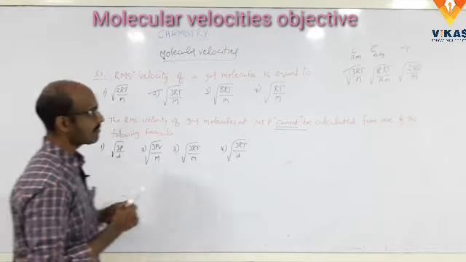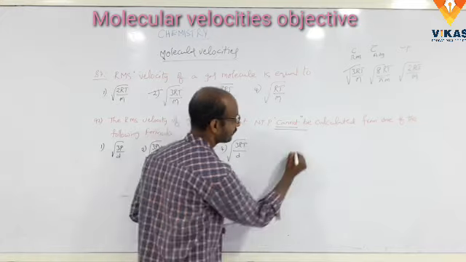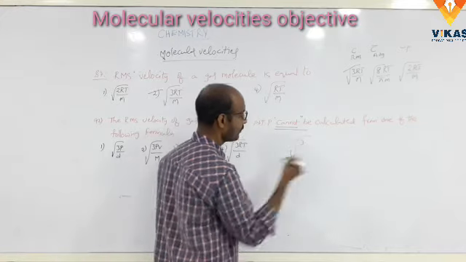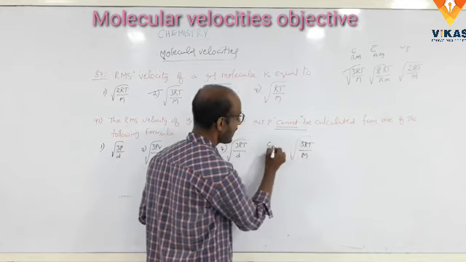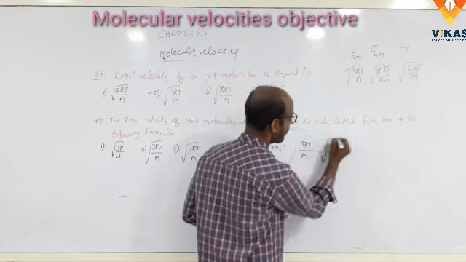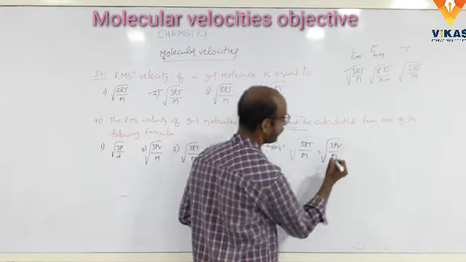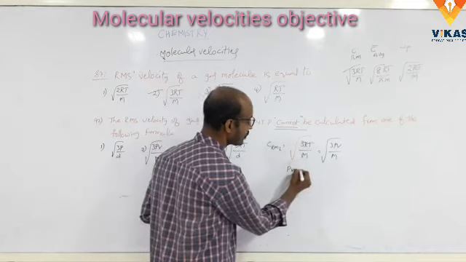So we know the RMS velocity is under square root of 3RT by M. It is converted into under square root of 3pV by M. Why convert? We know the ideal gas equation, PV is equal to nRT.